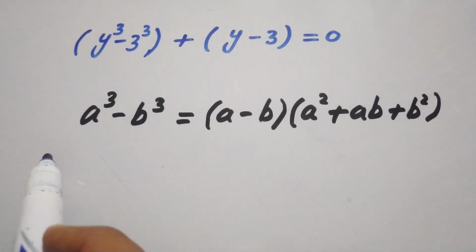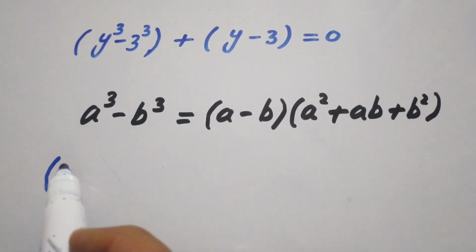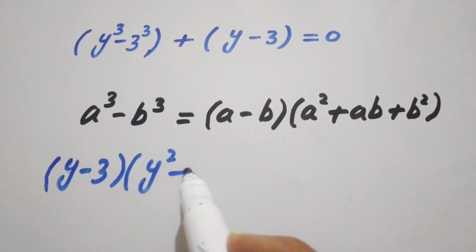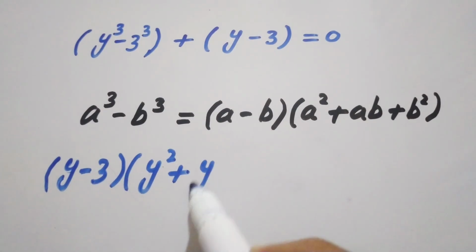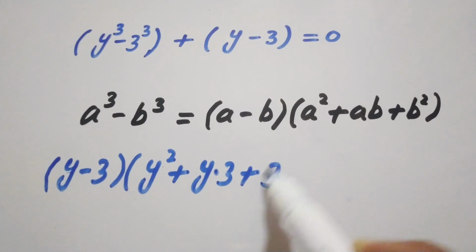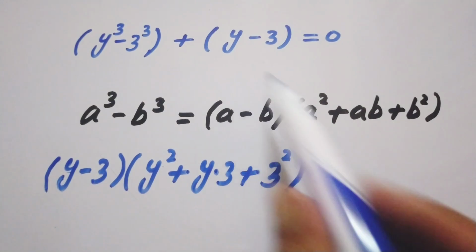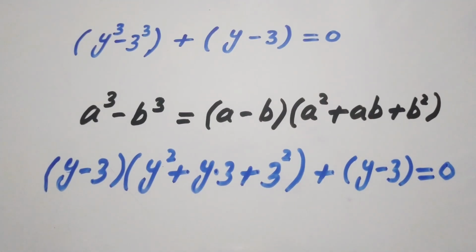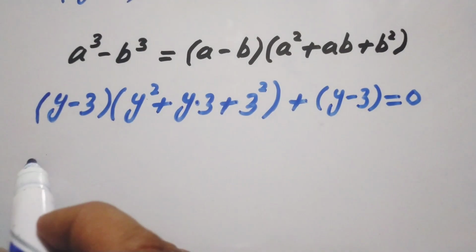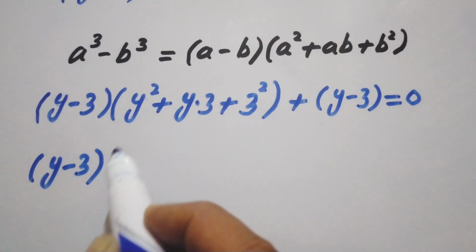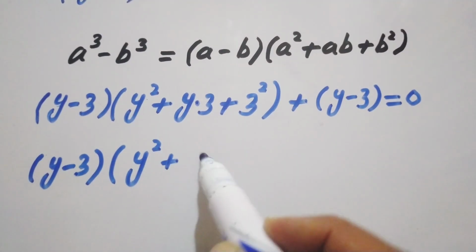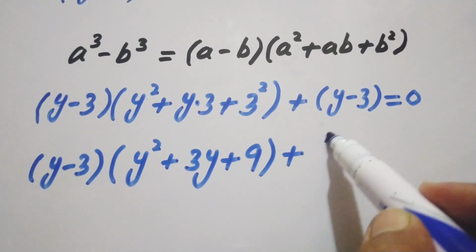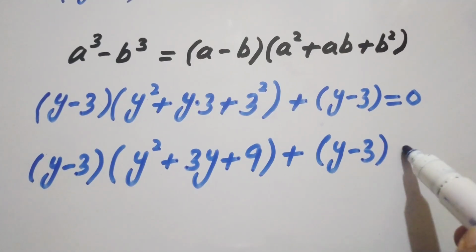So by using this property, this will become y minus 3 into y squared plus y into 3 plus 3 squared, plus y minus 3 as it is, this is equal to 0. Now y minus 3 into y squared plus 3y plus 3 squared, which is 9, plus y minus 3 and this whole thing is equal to 0.